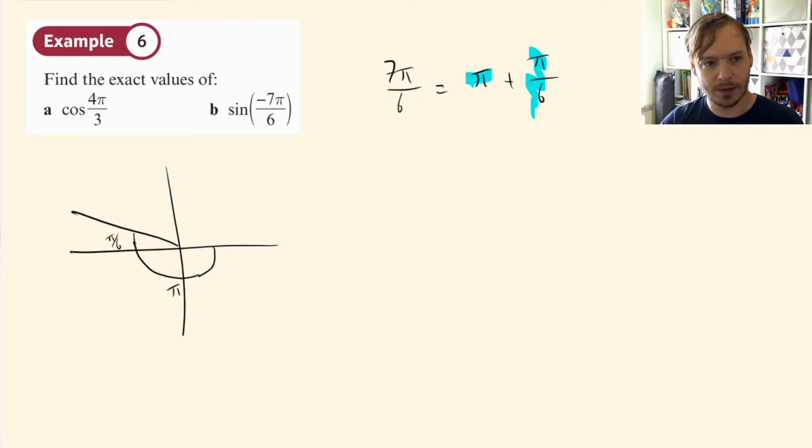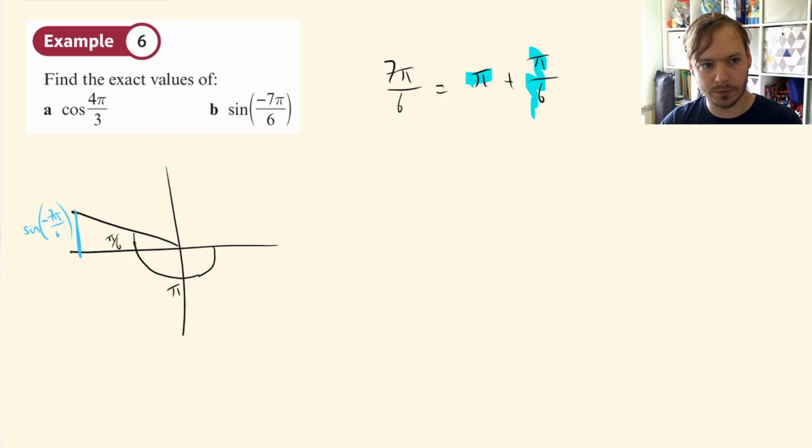Okay, and we're looking at sine, which is the vertical. So this value is sine of negative 7 pi over 6. Right, where is this the same as our straightforward one?